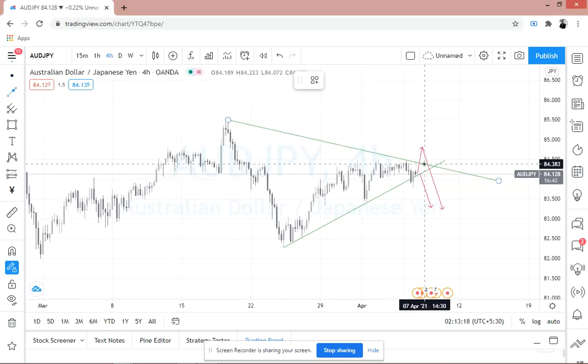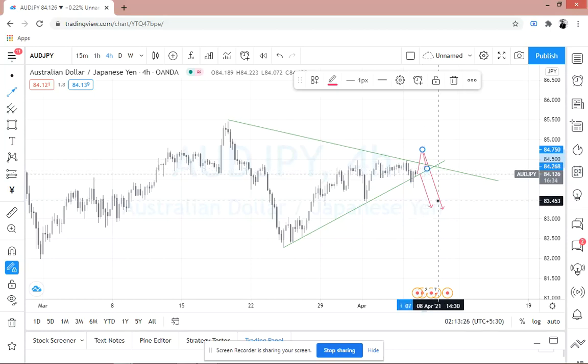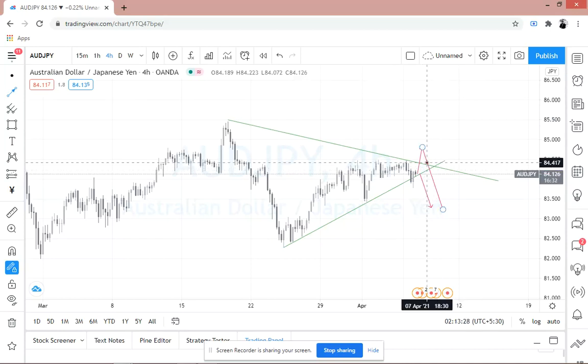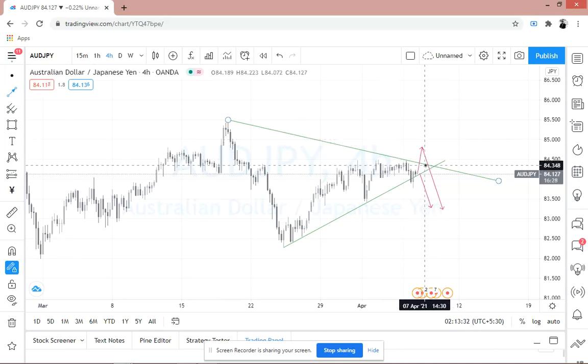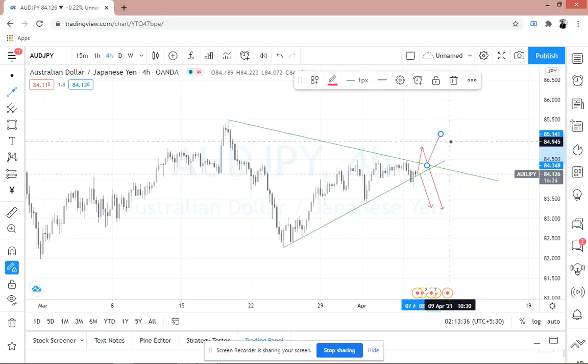Wait for the market to come back and close below this trend line. If the market comes back and closes below this trend line, that is when you should start selling. If the market did not close below the trend line, maybe it stops exactly at this trend line, you can start buying right away.